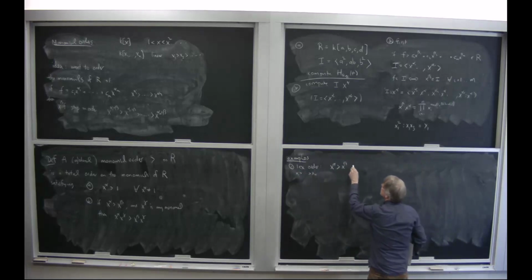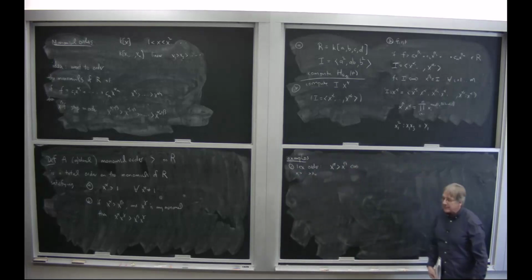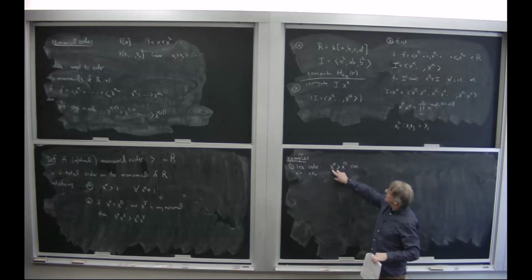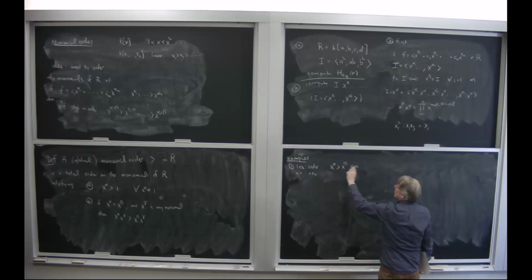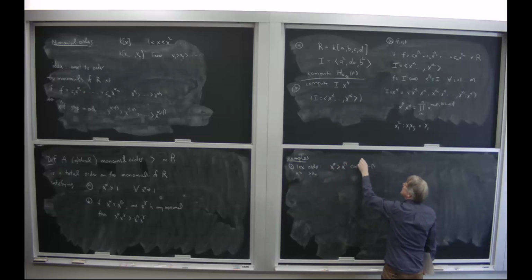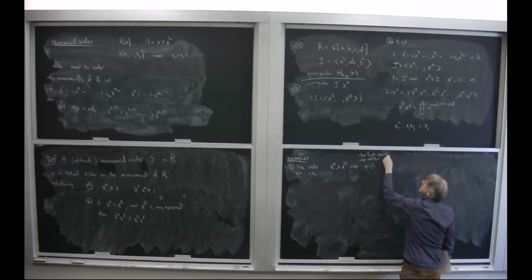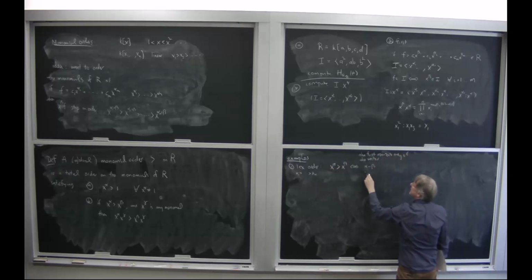And x to the alpha is greater than x to the beta if and only if the highest power of the first variable appears first. It's basically word order. One way to think about this is that if I take the vector alpha minus beta, the first non-zero entry of the vector alpha minus beta is positive.